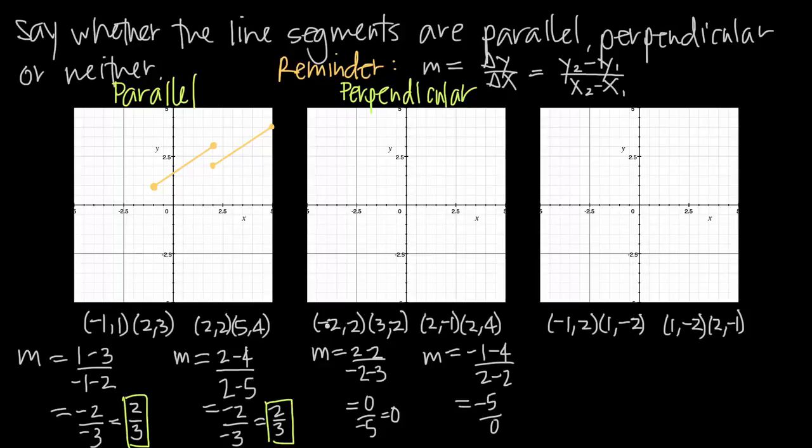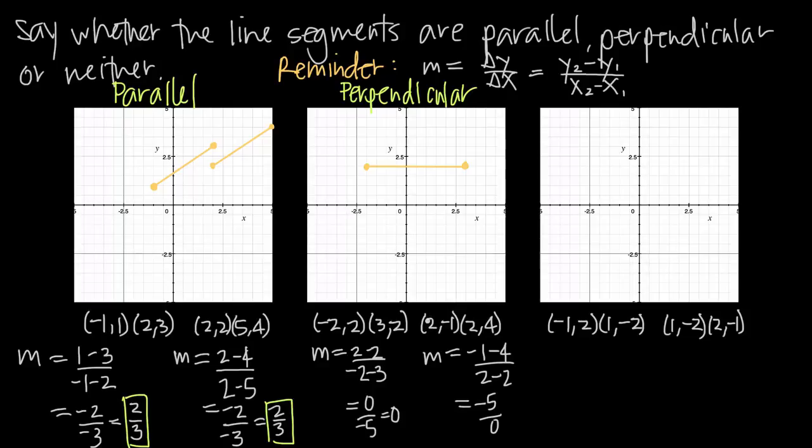So we have the coordinate point (-2, 2). If we come out here to -2 and then up to 2, we get this point right here. And then the point (3, 2), so we come out to 3 and up to 2 right here. If we connect those with a line, we see that this is a perfectly horizontal line between the two endpoints.